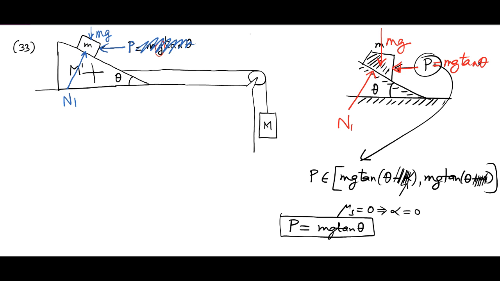So that's what I meant when I said don't try to find G effective in this particular problem. Whether to use the concept of G effective or not would depend on the problem. You have to figure out on a case-to-case basis. Alright, so you have this P which is equal to mg tan theta, and do we know what is P?